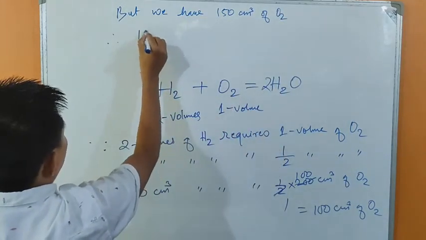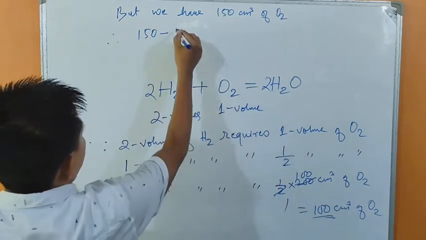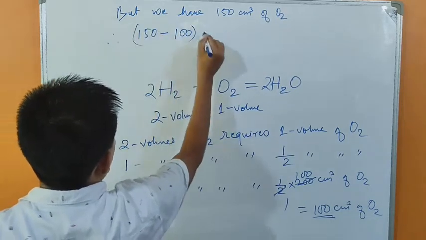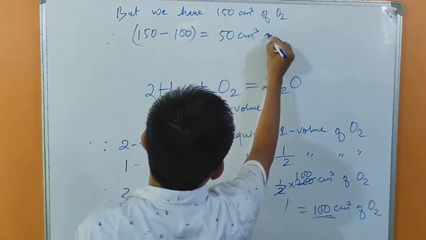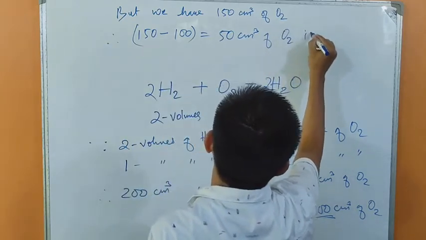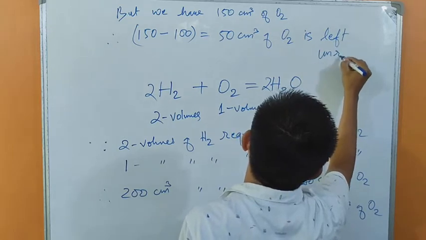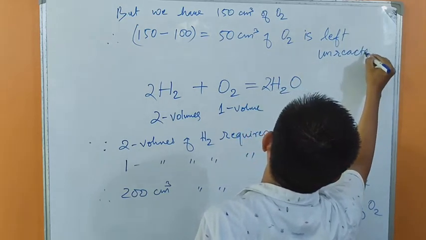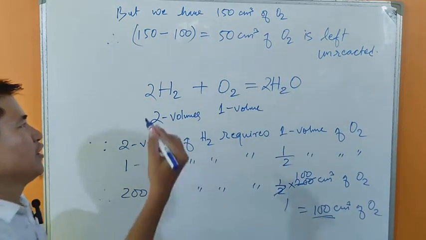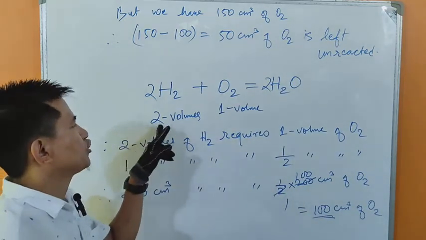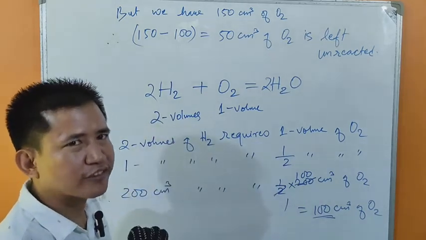Therefore, 150 minus 100, this much oxygen is reacted, isn't it? Equals 50 cm cube of oxygen is left unreacted. Okay, this is very simple. The ratio of the volumes 2:1, that is what Gay-Lussac Law tells us.